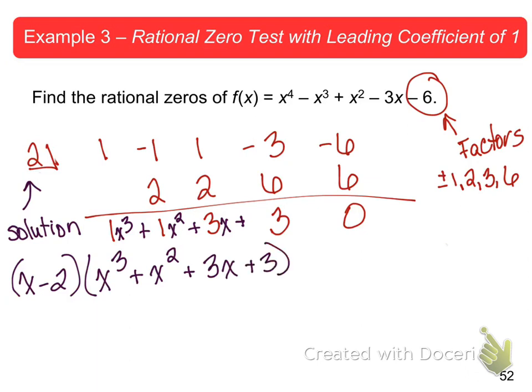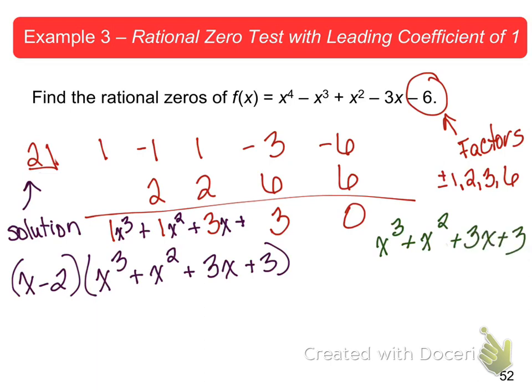What this means is if I multiplied this binomial times this polynomial, I would get this up here. Okay, now I'm going to keep going. So I'm going to factor x cubed plus x squared plus 3x plus 3 off to the side.